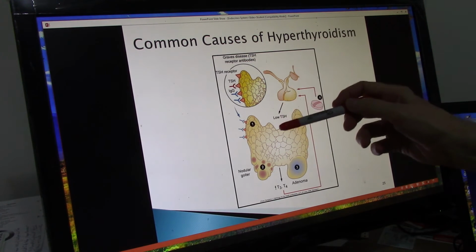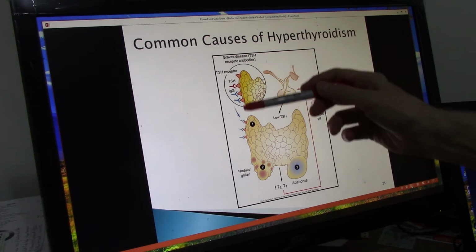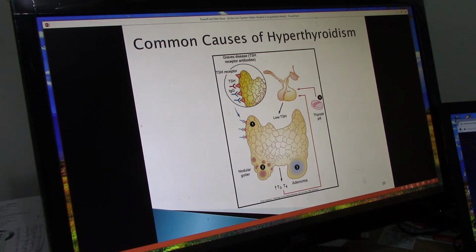We want it to respond to the TSH, not to antibodies attacking the body itself. But that's what happens in Graves' disease.